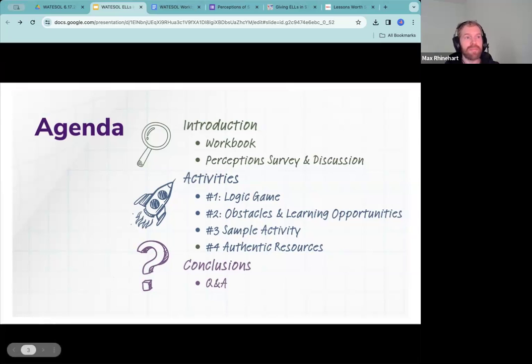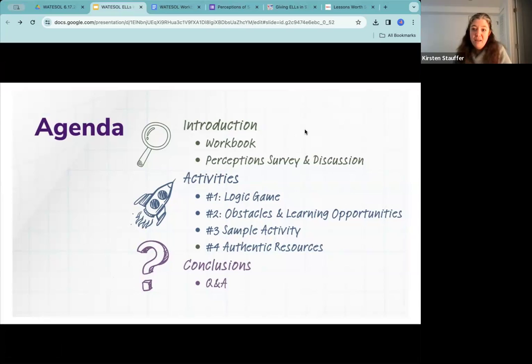Great. So to get us started, I'm going to share in the link, and Kathleen has also shared it as well. I have a Google Doc that if you open it, it'll ask you to make a copy, and that way it'll automatically save to your Google Drive. If anyone's having difficulty, we can share a PDF version as well.